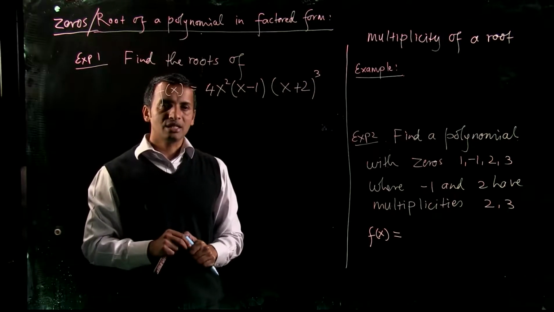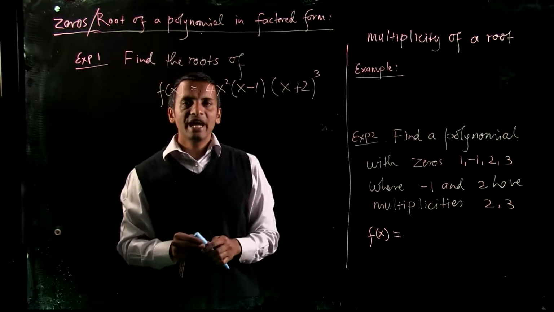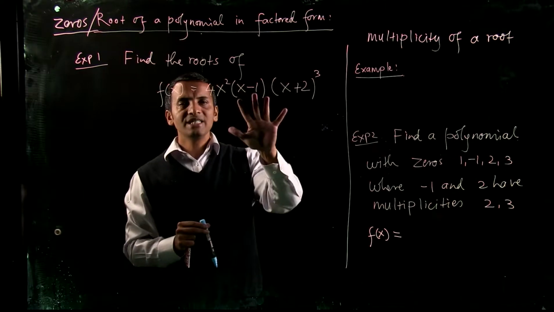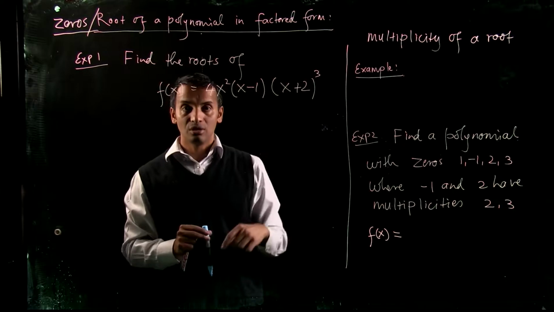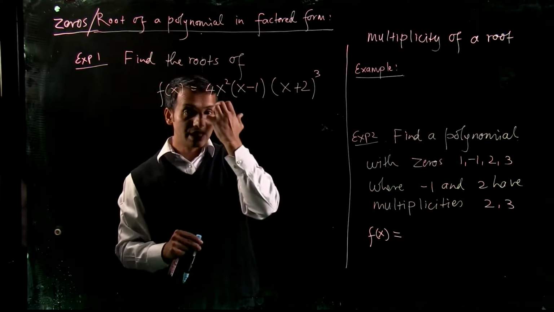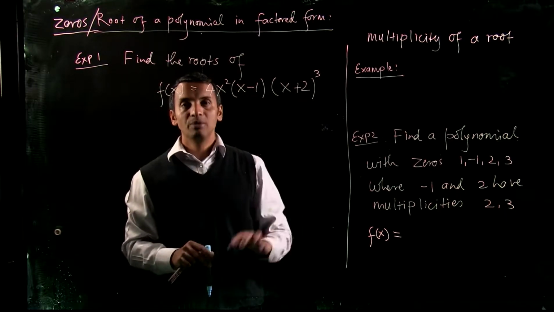So the degree is 6. For any polynomial of degree n, it can have at most n real roots. Since this has degree 6, there can be a maximum of 6 real roots. There may be fewer, but 6 is the maximum. It cannot have 7 real roots, so it must be 6 or below.